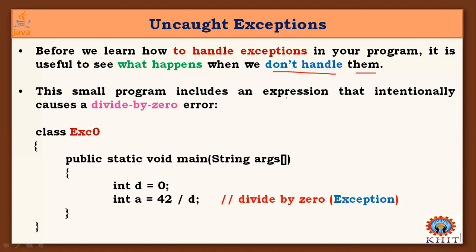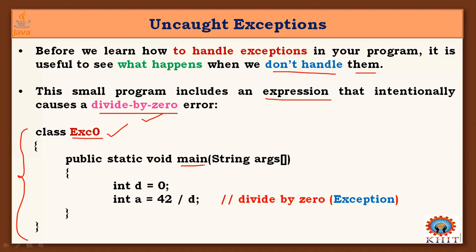Here is a sample program, a simple program that includes an expression that intentionally causes a divide by zero error, a basic error. Consider this class Exc0, and this is the main class.